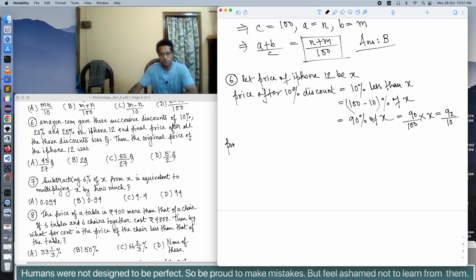Okay. Now similarly, the 20% discount will be applied on the reduced price, which is 9X by 10.